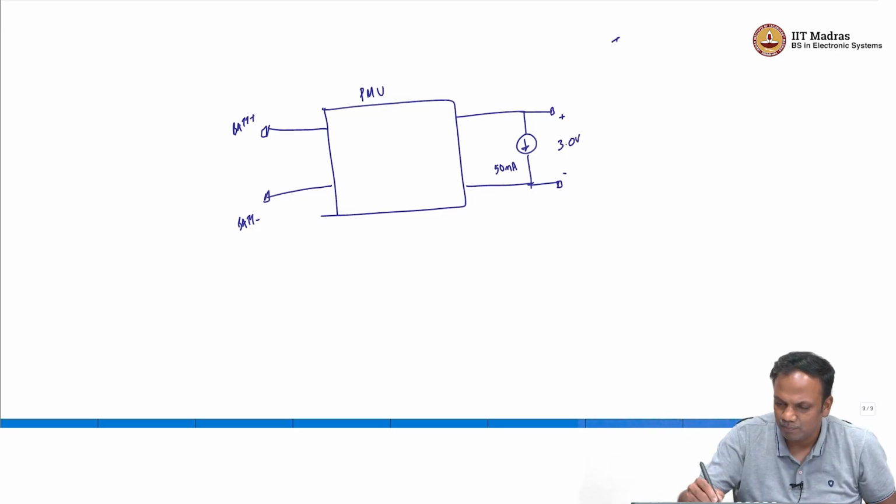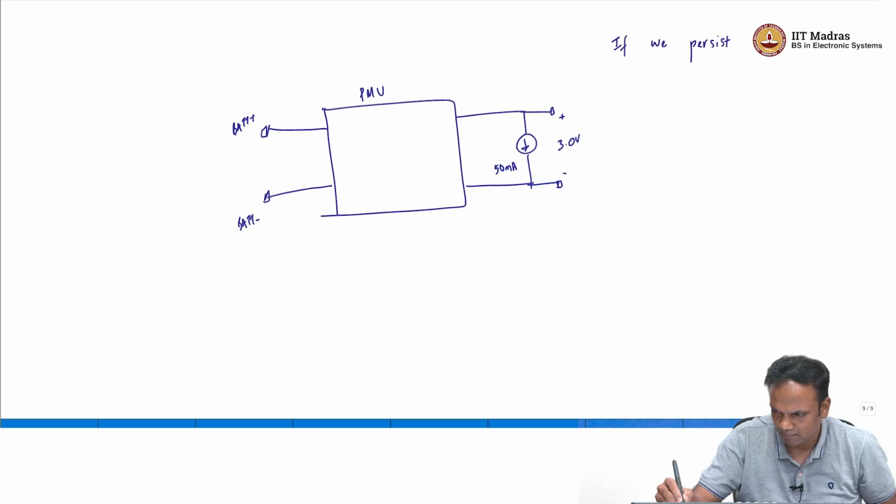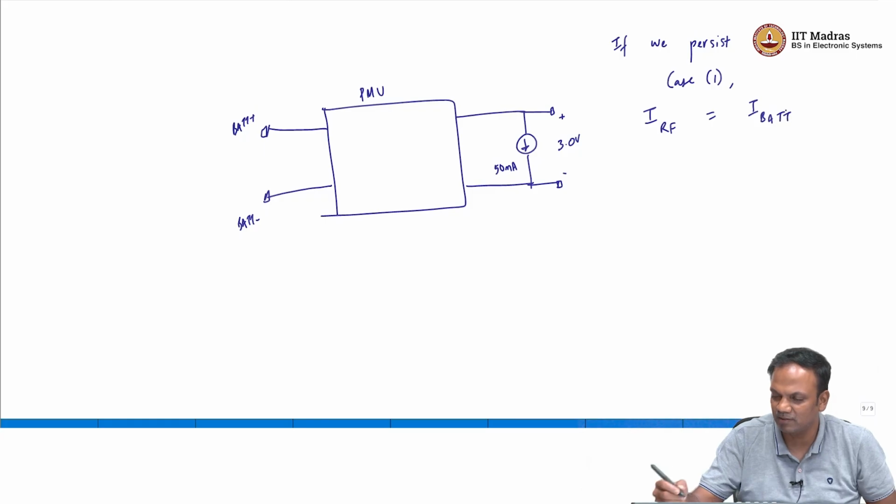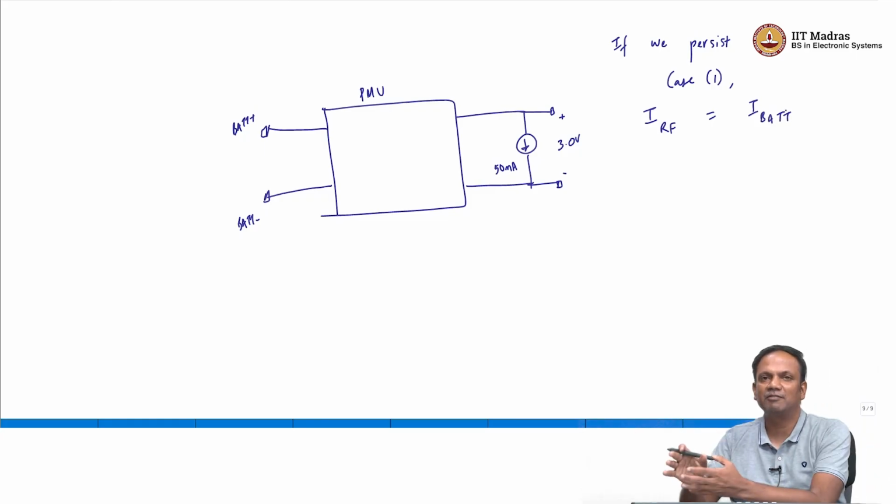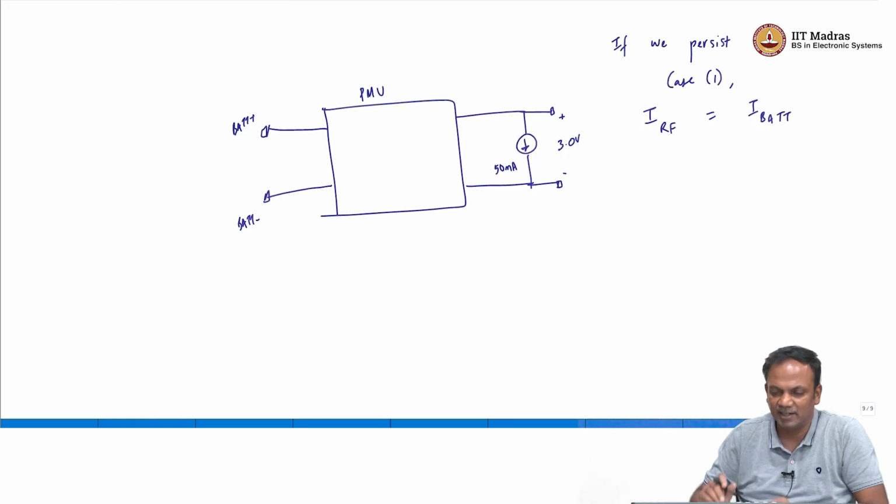Now, if we persist with case 1, what is case 1? Case 1 means I RF is equal to I battery, which means that whatever current the block wants is coming from the battery without any attenuation.